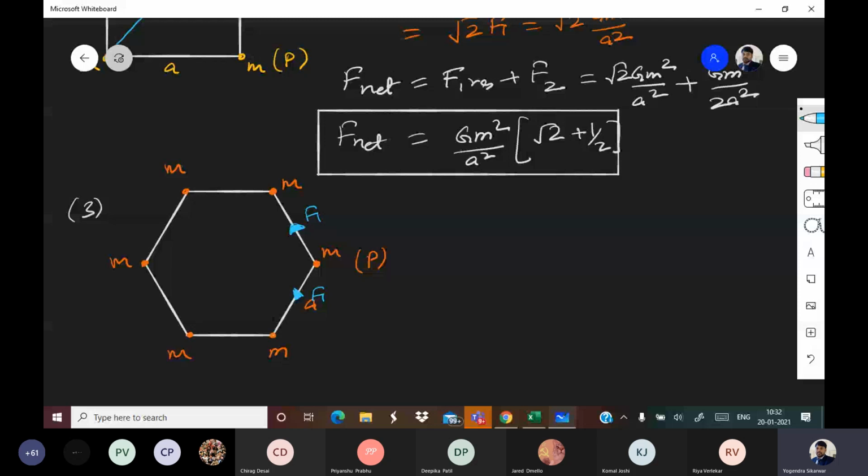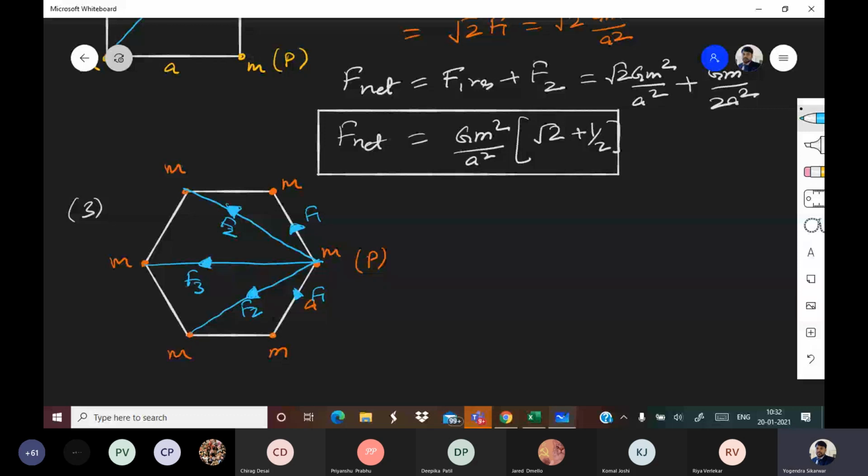Now force on particle P due to the next one, I am calling it F2. Magnitude of F2 and F2 will be same. And the force on M due to the last one is F3.